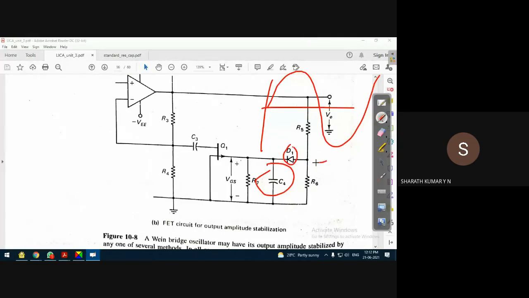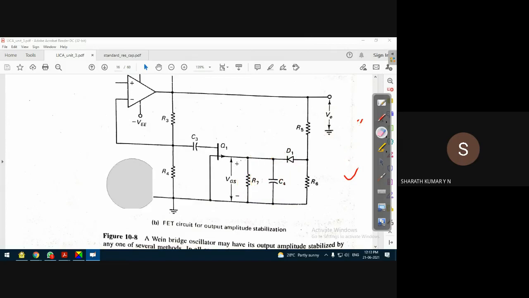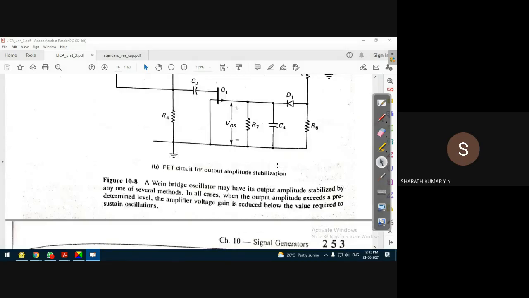For example, during the positive cycle, capacitor C4 charges. During the negative cycle, capacitor C4 should discharge. For a capacitor to discharge, it requires a resistance. R7 helps in discharging capacitor C4 at a faster rate when the output voltage goes from the positive cycle to the negative cycle. That is the purpose of resistor R7.